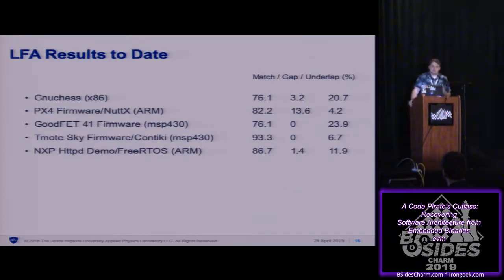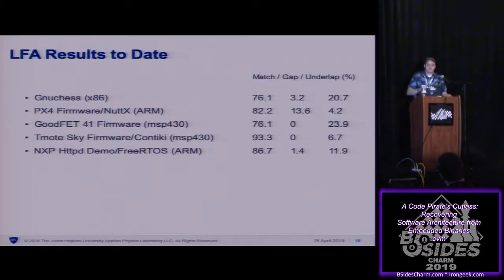So the question is, how did I come up with a before and after, or did I base it on binary and symbols, or how did I do that? For GoodFet, you can download the source.